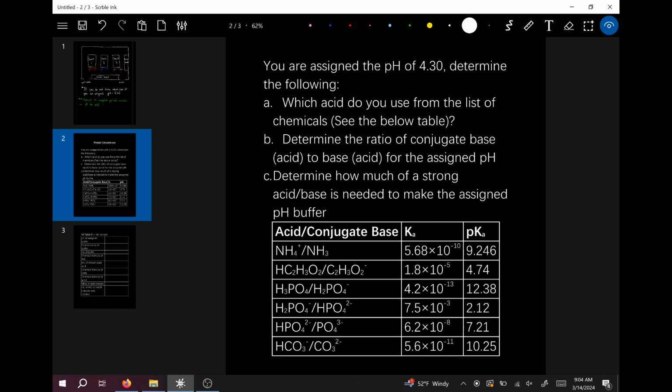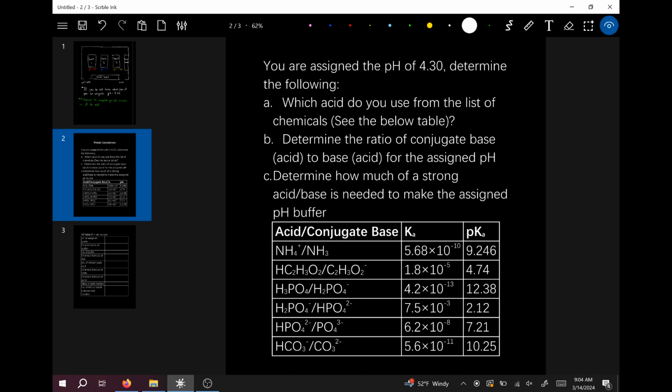The second question is, we need to determine the ratio of conjugate base to acid using the Henderson-Hasselbalch equation for the assigned pH. So instead of solving for pH, we're working backwards.